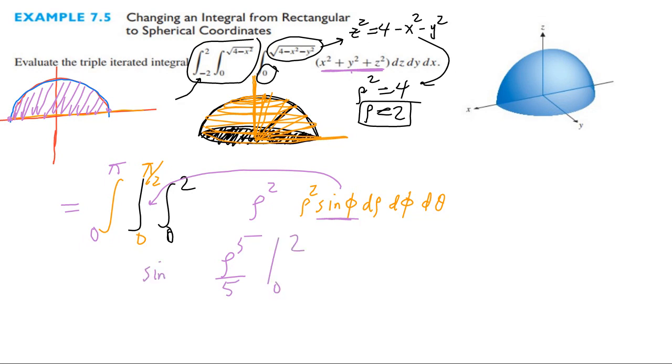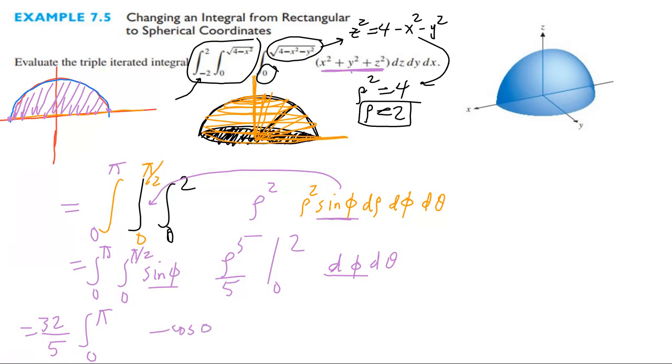We have sin phi from 0 to pi over 2, from 0 to pi, d phi d theta. 32 over 5 outside. And now the antiderivative for sine: minus cosine phi from 0 to pi over 2.